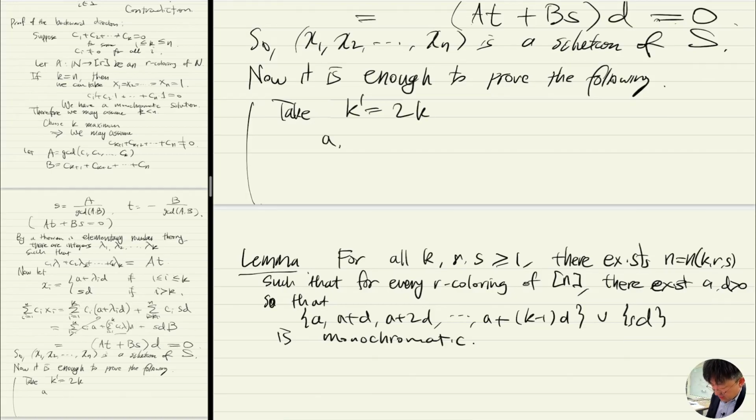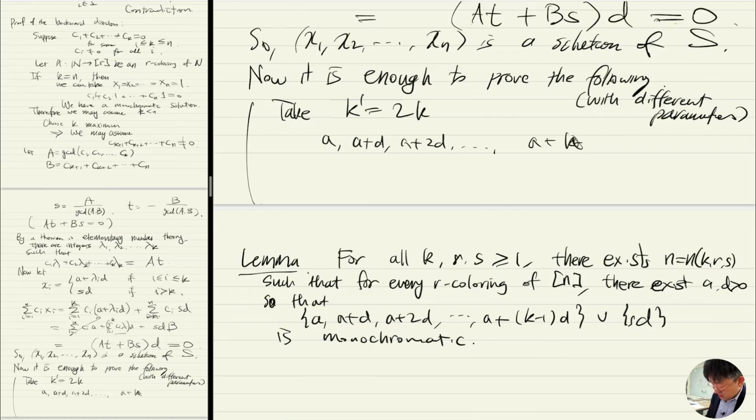Then we're going to have a plus d, with a different parameter, a plus 2d, and a plus (2k minus 1) d, and s d. Now choose some number in the middle.